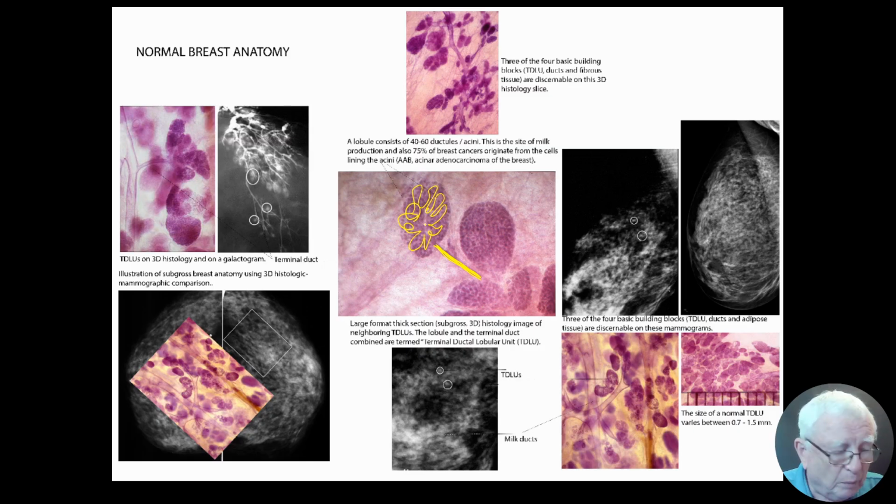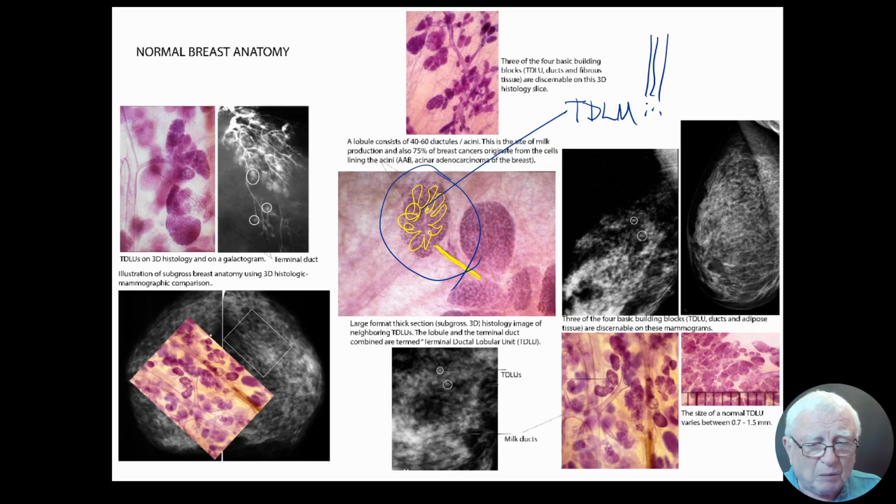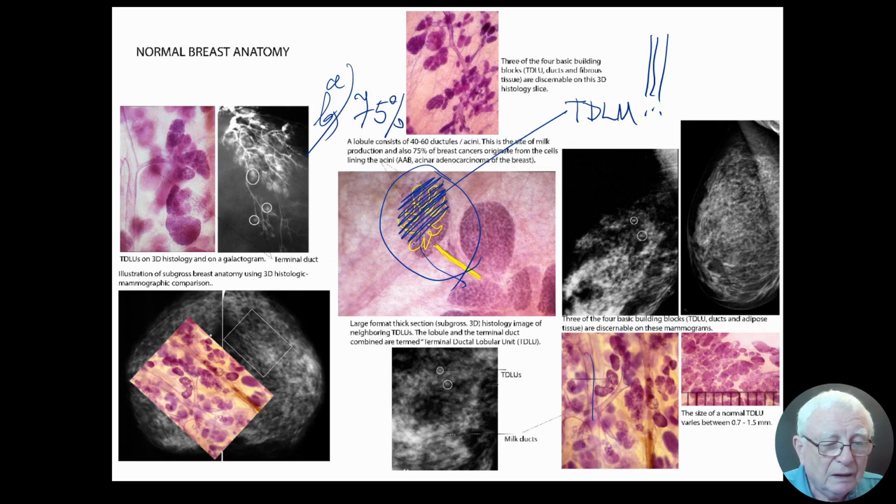If you add the lobule and the terminal duct together, you got the terminal ductal lobular unit. This is the most important basic building block because the milk is produced there and it's running out through the terminal duct, subsegmental ducts to the mouth of the kid. Also, 75% of cancers originate here.